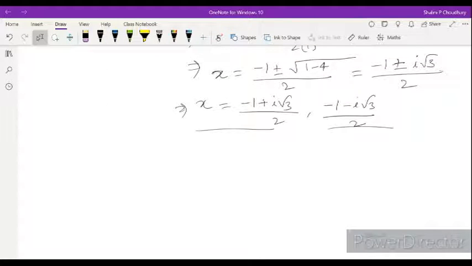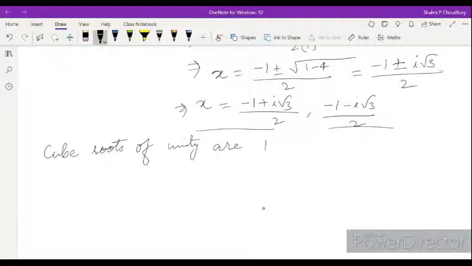Cube roots means 3 roots. So the cube roots of unity are 1, minus 1 plus i root 3 upon 2, and minus 1 minus i root 3 upon 2.